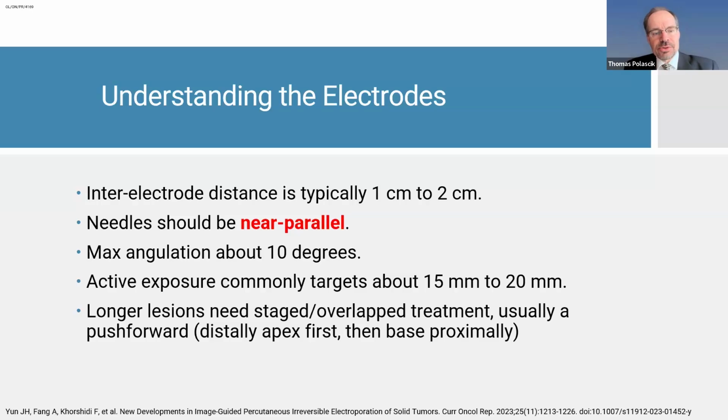You don't want to introduce angulation because this technology works on parallel needles best. The exposure is typically 15 to 20 millimeters, although you can go up to 40 millimeters. For longer lesions, we're going to talk about later how to treat them, but you can push these forward and reapply the energy with the same needle during the same procedure. But we typically treat the apex first and then the base proximally.